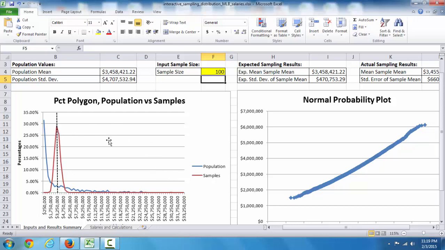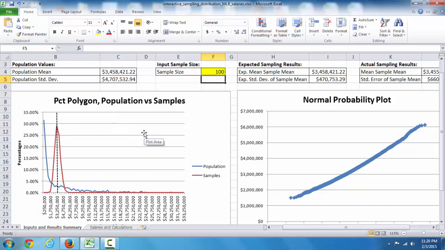This is the sampling distribution. Remember, the mean of the sampling distribution is always equal to the population mean. That's the dotted bar here. So the average salary for all the MLB players, our sample mean is going to be that.